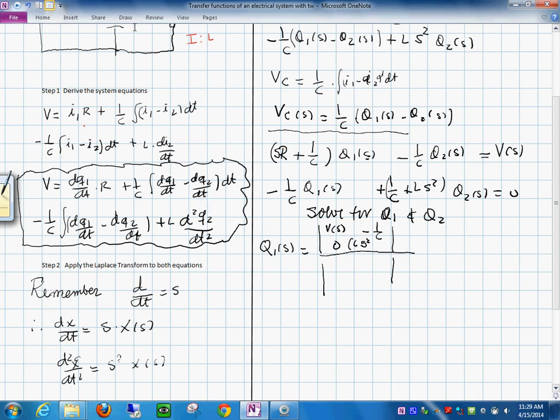Let me just write it down correctly because this one is not right. This one here, it's gotta be 1 over C plus LS squared.